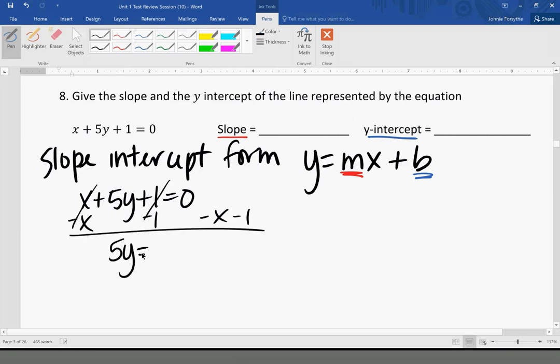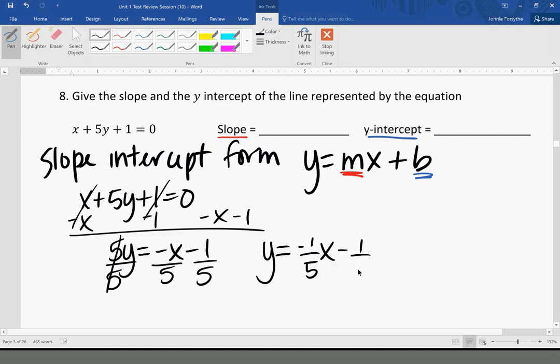I'm going to have 5y equals, I want to put it in the form mx plus b, so I'm going to write the negative x first, and then minus 1. And then I want y by itself, so I'm going to divide everything by 5, so I have y equals negative 1 over 5 x minus 1 over 5.